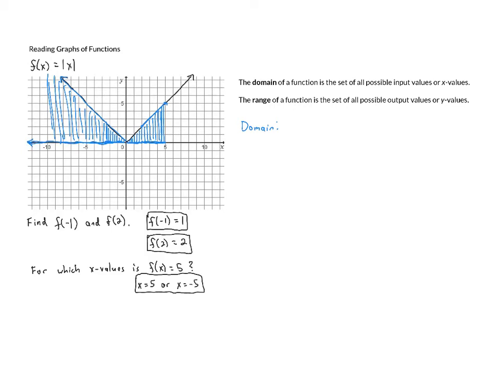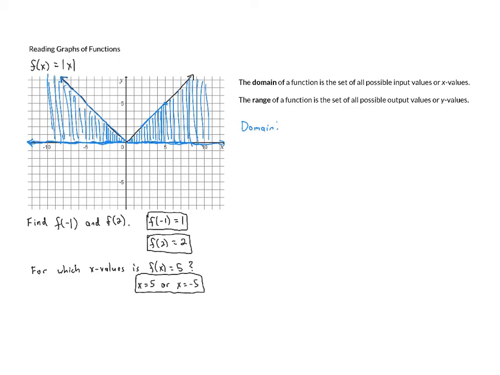That's going to be a part of the domain. And the same thing is going to happen on the right if we continue kind of projecting these points down onto the x-axis. It's going to go to the right. And the entire x-axis is going to be part of the domain. So the domain is going to basically be all real numbers.